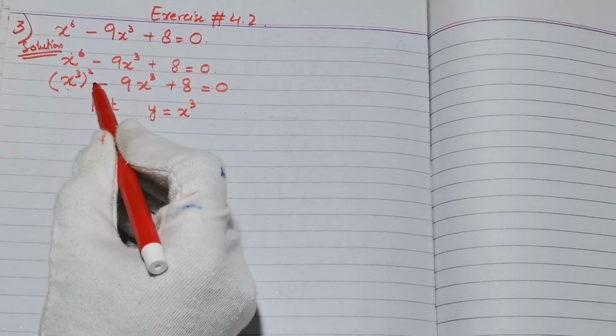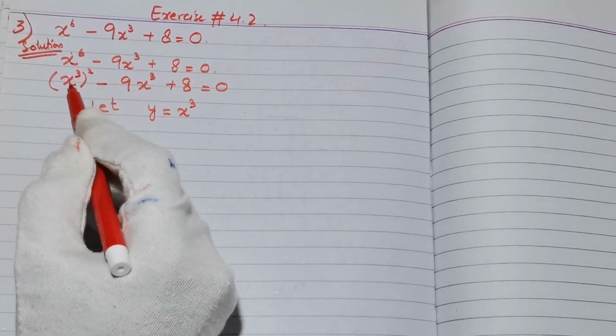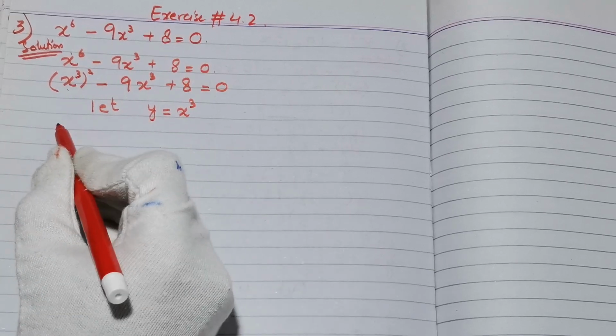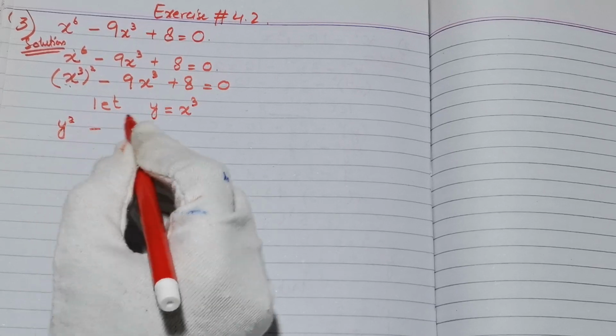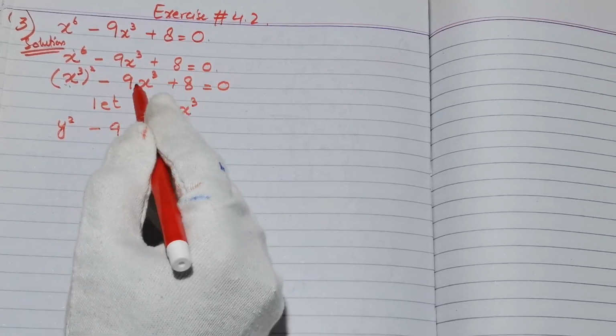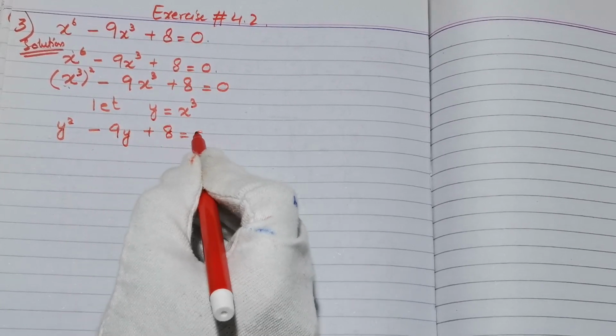Then our equation will become simpler. How? We consider x cube as y, so y squared minus 9y plus 8 equals 0.